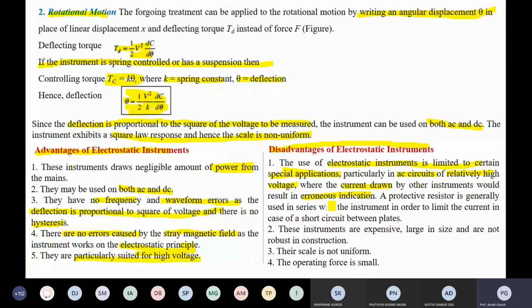If they are so close, some leakage current flows between the two plates, which may cause a short circuit in some conditions. So one additional resistance you need to install with your plates for reducing the short circuit current.